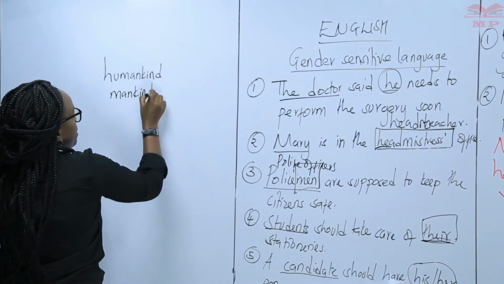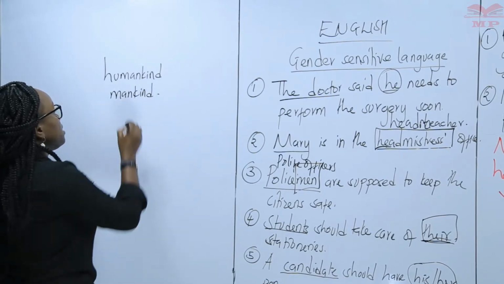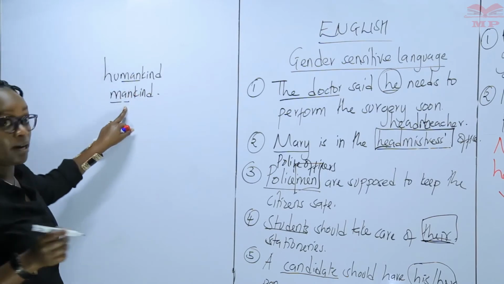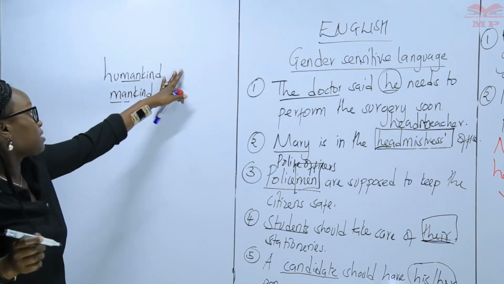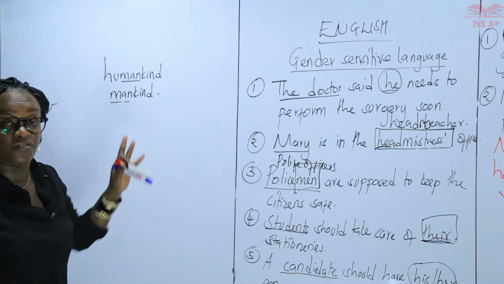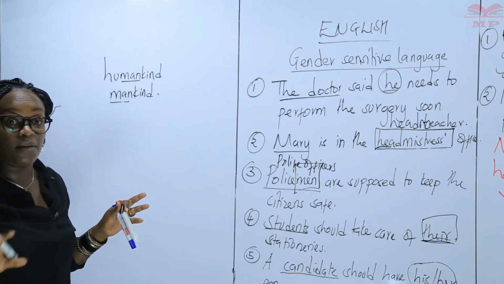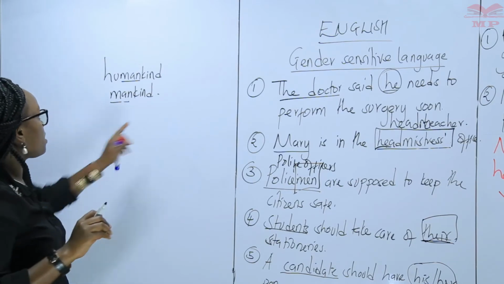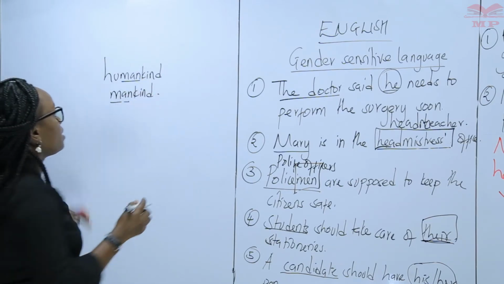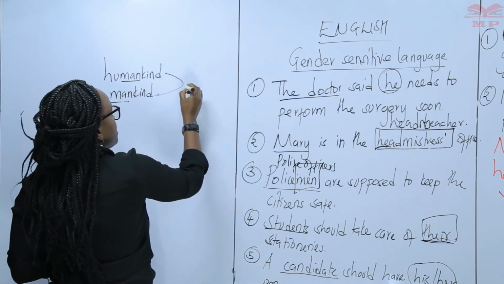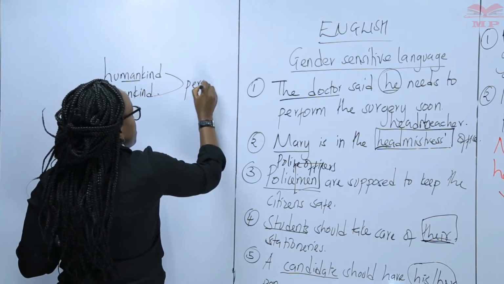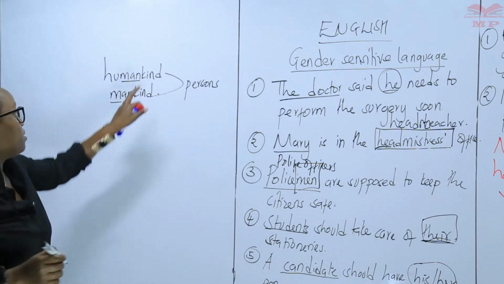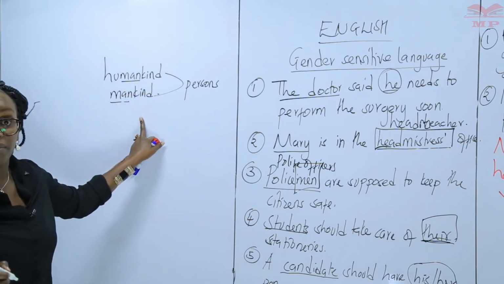These words can be said to be gender biased, because if you break them up, there's always the word man. Yet these are words that are supposed to refer to the entire population, and the entire population is comprised of both genders. So instead of talking about humankind or mankind, you could use a word that is gender neutral and talk about persons, instead of humankind or mankind.